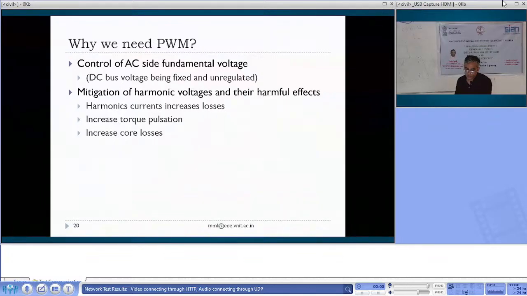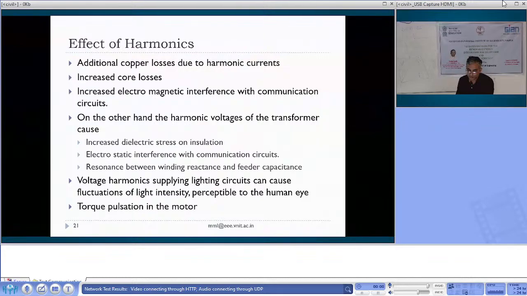To control the AC side fundamental voltage and mitigate harmonics, because harmonic current increases the losses, increases the torque pulsation and increases the core loss. So, the effect of harmonics: we want to reduce the harmonics but retain the fundamental.